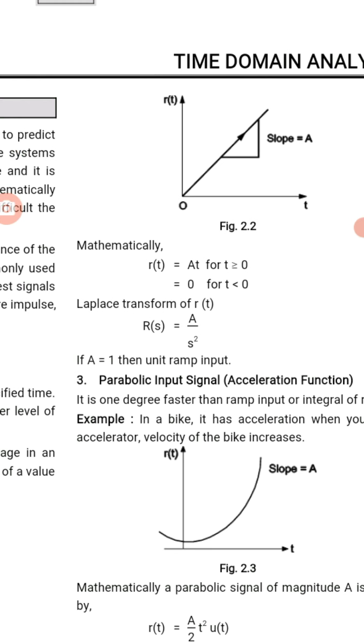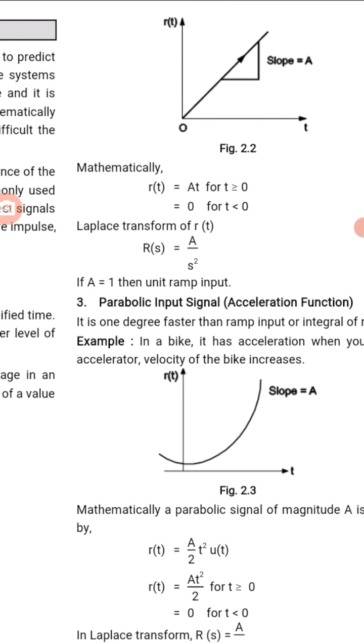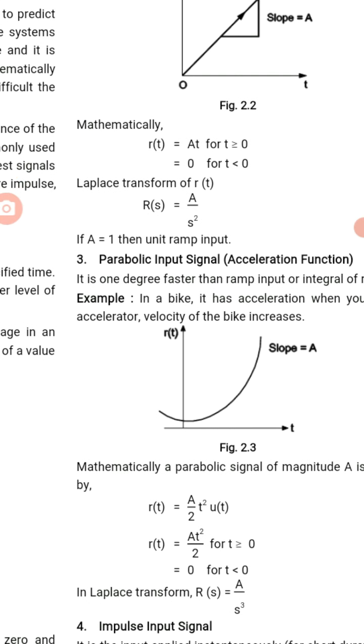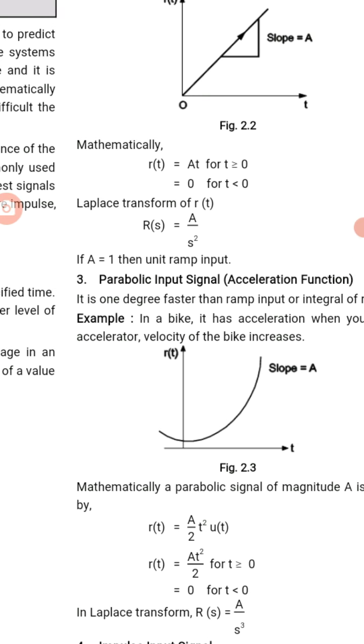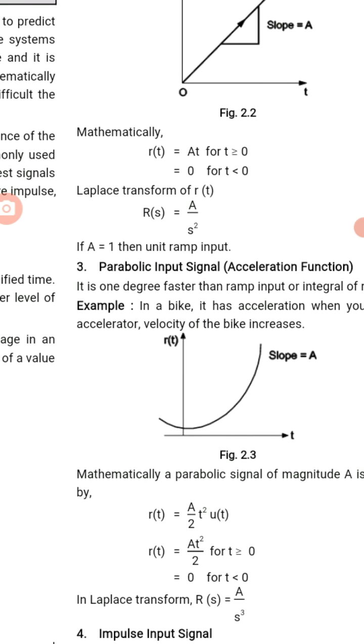Laplace transform of this signal is 1 upon s square, because t has a Laplace transform of 1 upon s square. So R of s is equal to A upon s square. If A is equal to 1, then it is unit ramp input. Input is unit ramp or slope is equal to 1.